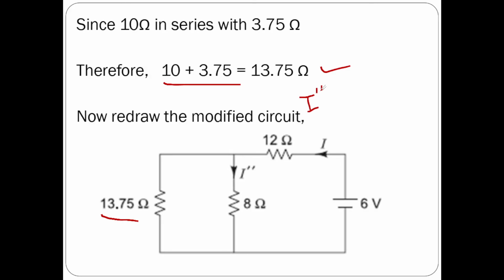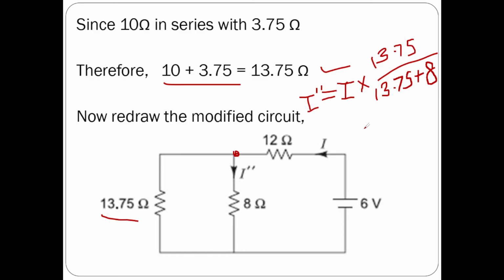I double dash is equal to the total current entering at this junction, which is I, into what is opposite to 8 ohms, 13.75, divided by 13.75 plus the self resistance 8. This is the formula to determine I double dash.